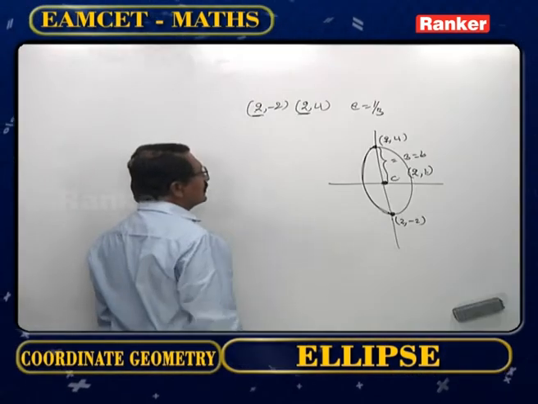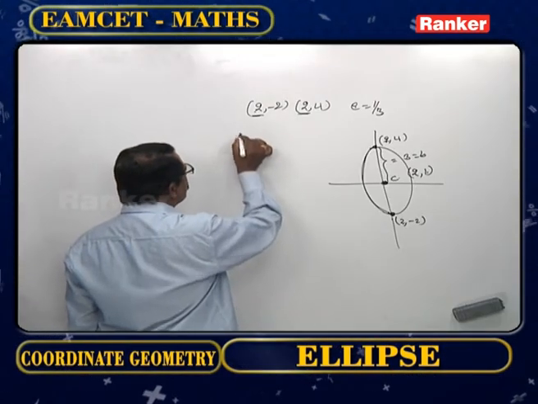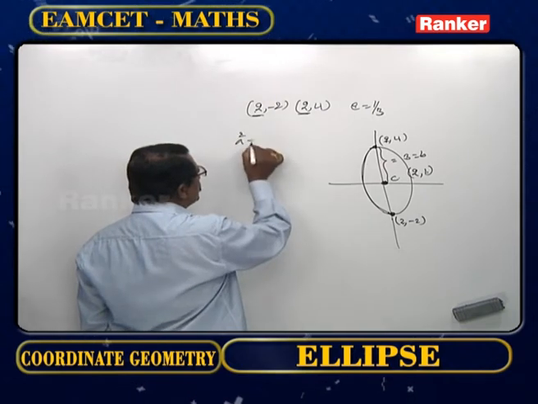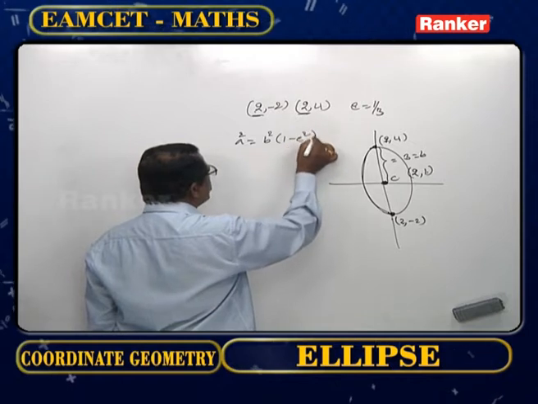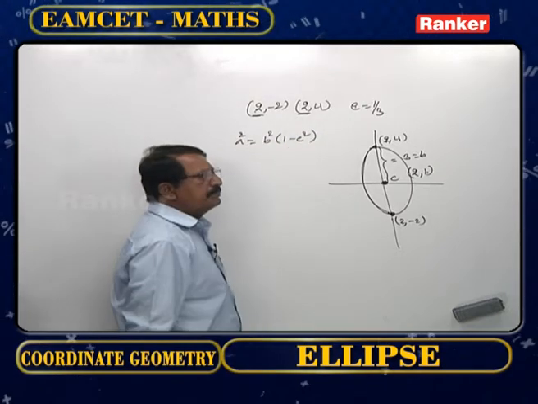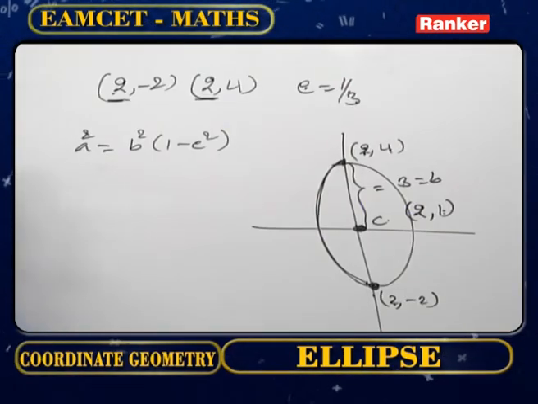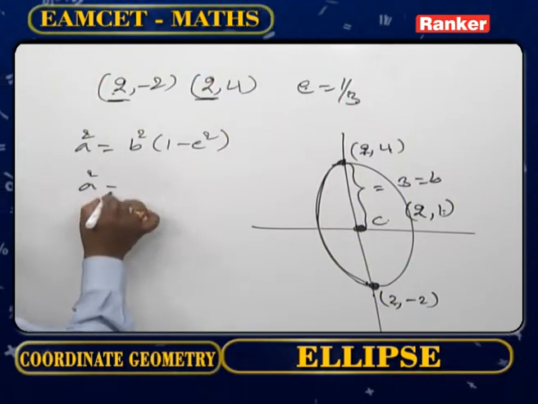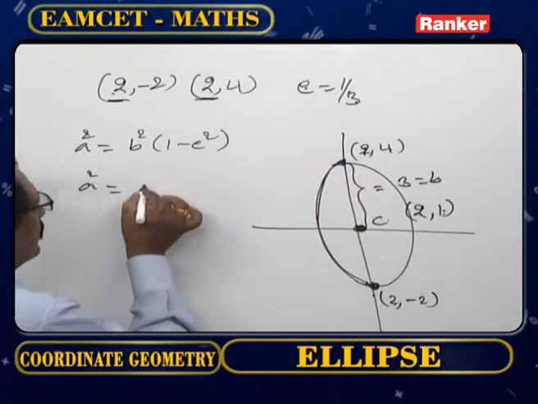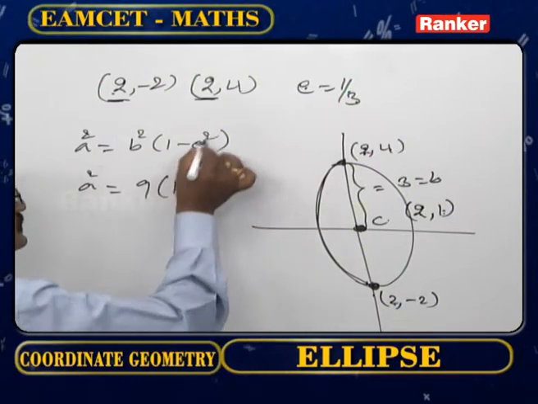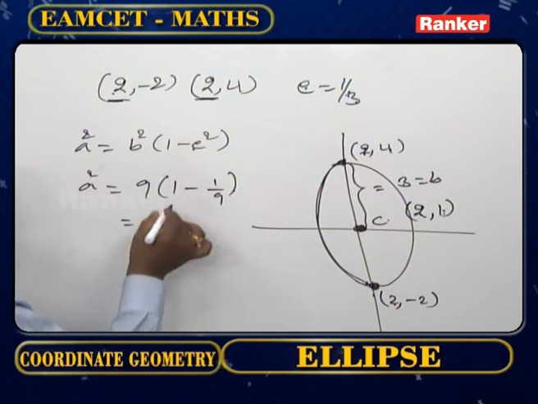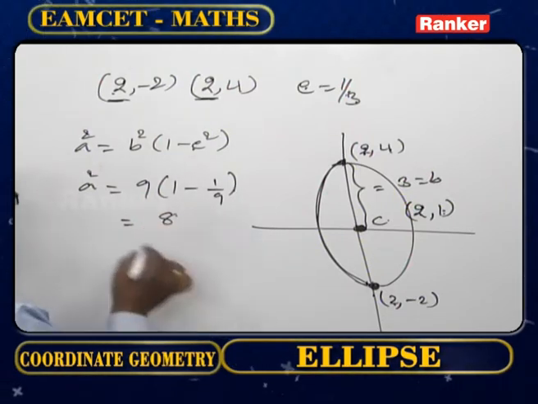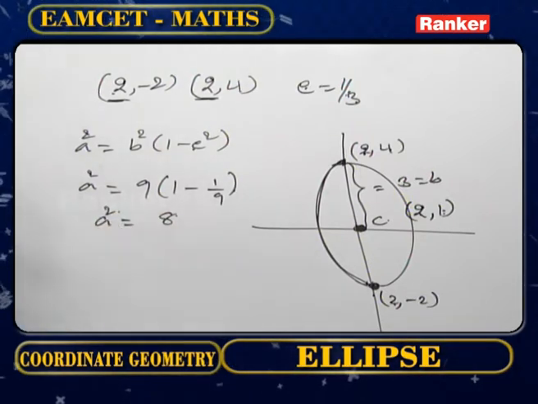Now eccentricity is 1 by 3. For a vertical ellipse, a square equals b square into 1 minus e square. Here b square equals 9, so a square equals 9 into 1 minus 1 by 9, which equals 8.